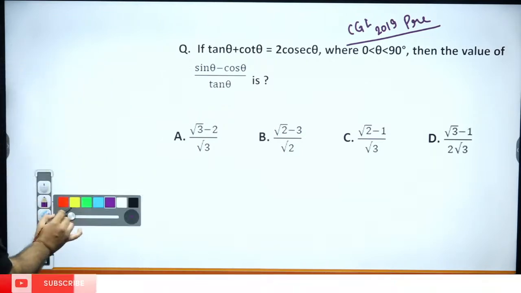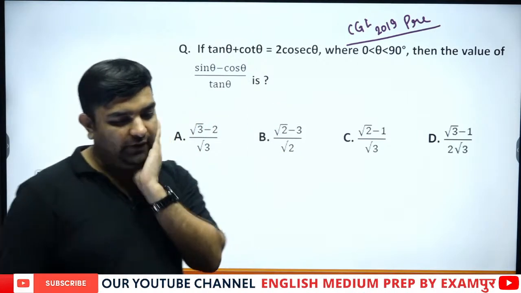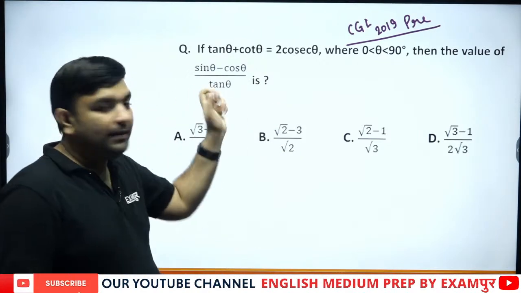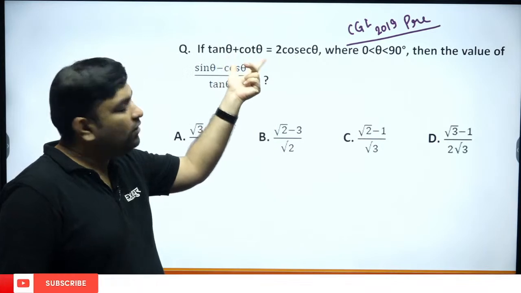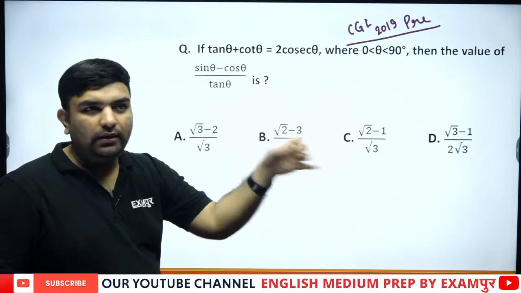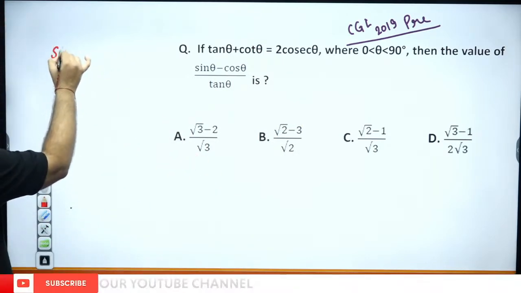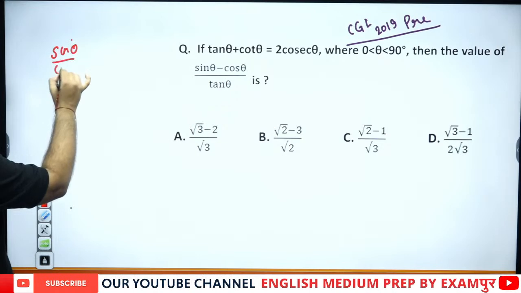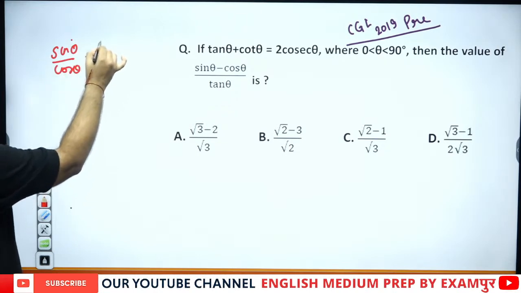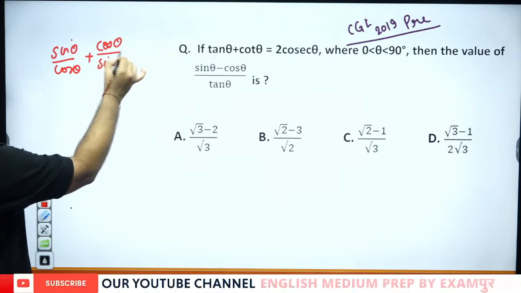Guys, these questions are becoming very famous these days. You cannot form the equation. Even if you try, you will get stuck. If you try it by sine and cos, let me see whether the equation will work or not.